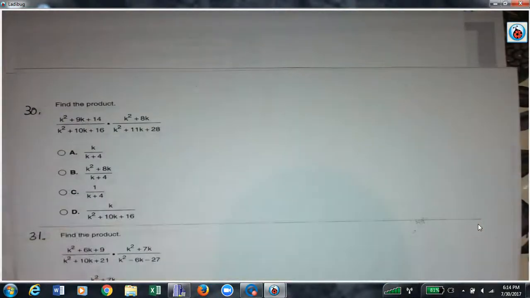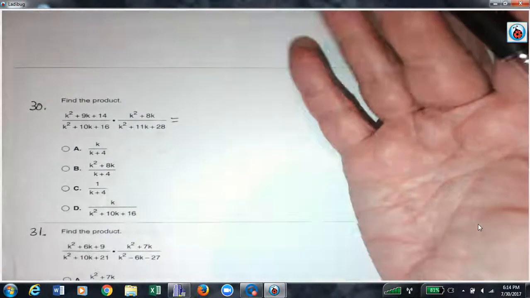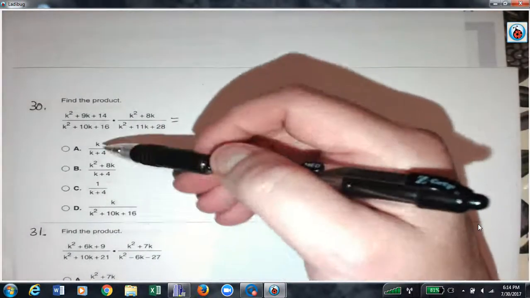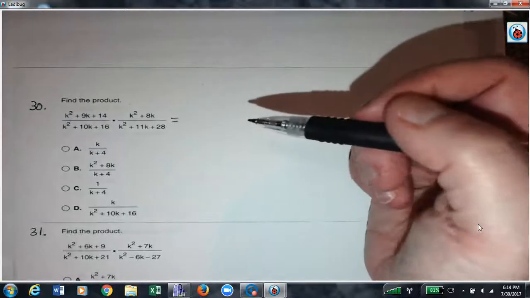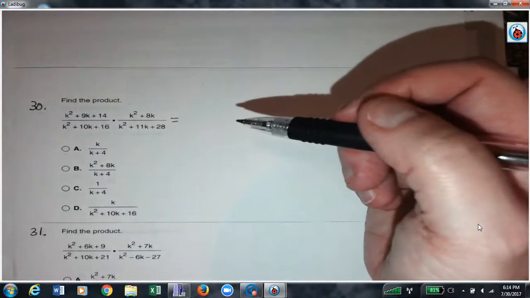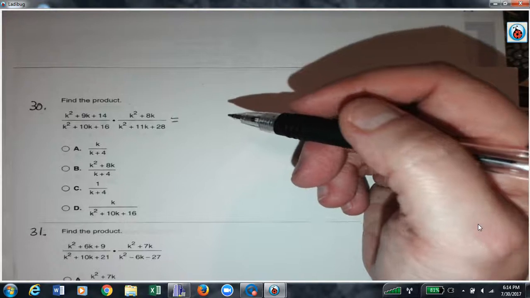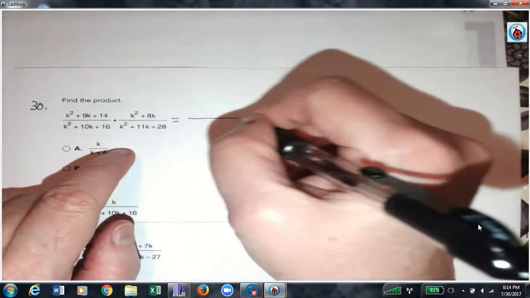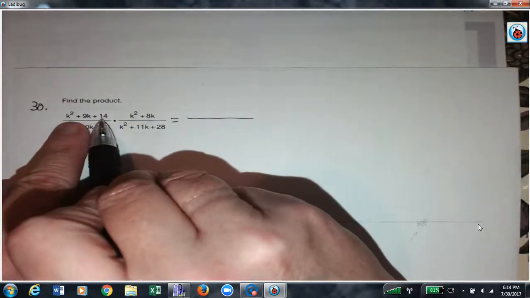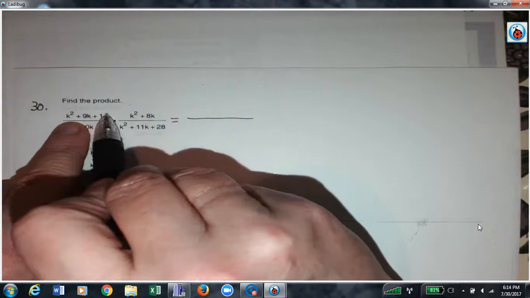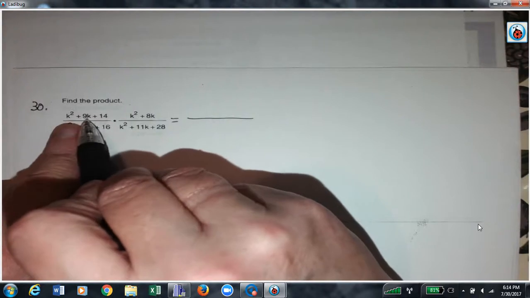Find the product. Okay, now we have to remember how to factor so we can do some cancellation, because it's going to be in canceled form. So, two numbers that multiply together to give me 14 and add up to give me 9, well, 7 and 2.